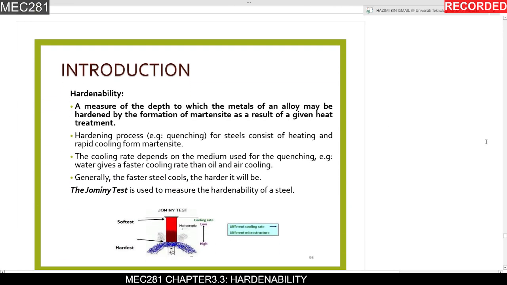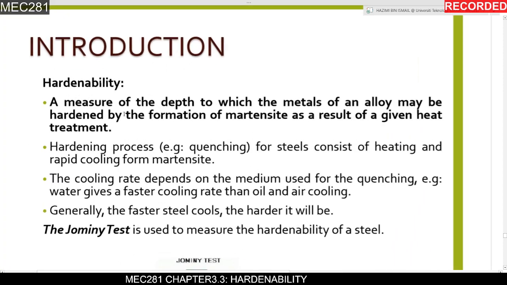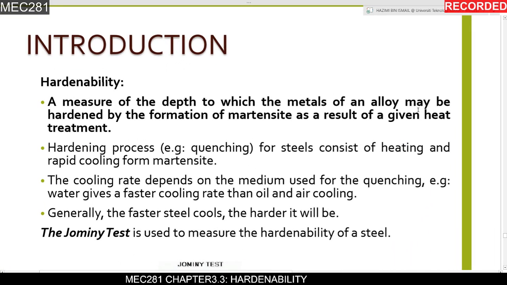The first slide shows the definition of hardenability. What is hardenability? By definition, it is a measure of the depth to which the metal of an alloy may be hardened by the formation of martensite as a result of a given heat treatment.